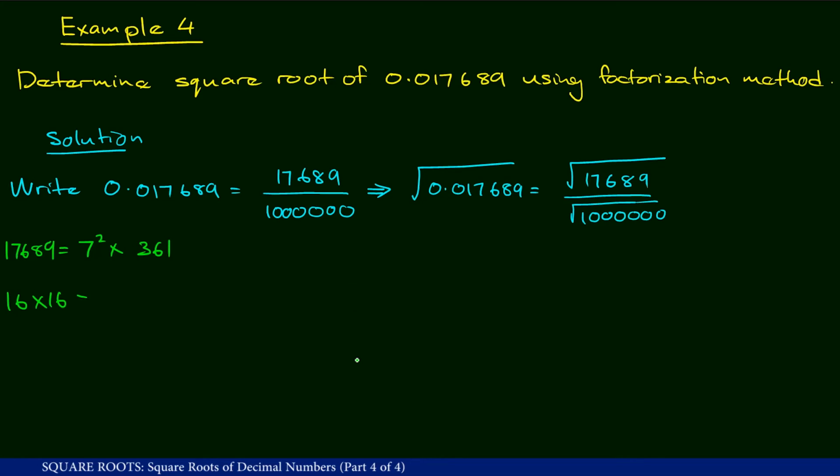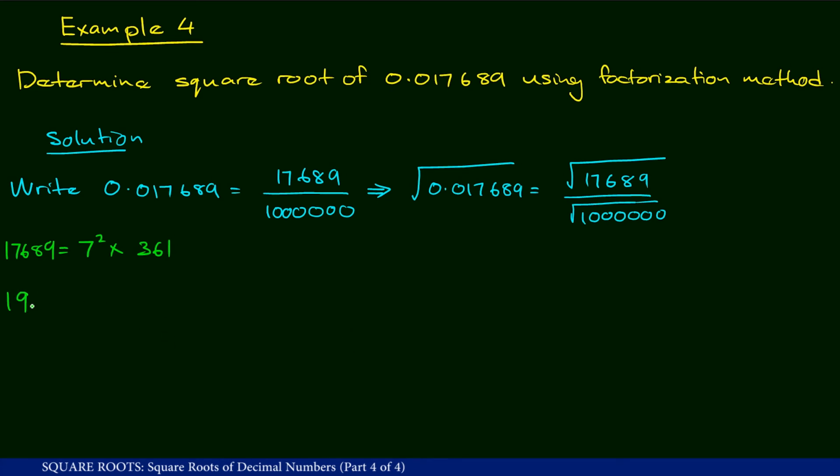Perhaps it is 17. So 17 times 17. 7 times 7 is 49. Because the last digit is 9, we know that it's not right. Can it be 18? Of course not either.